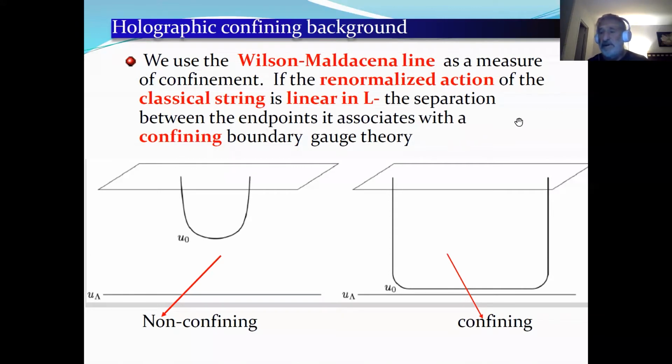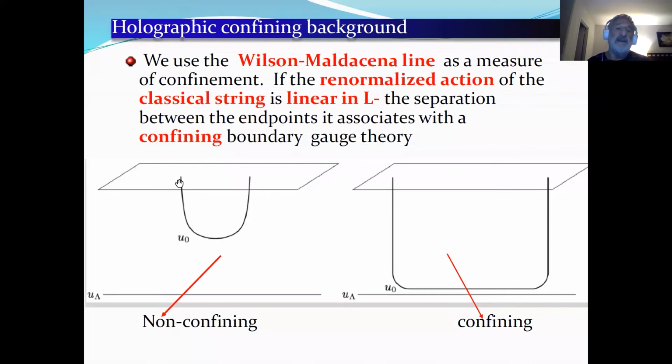So we have a stringy description of what corresponds in the boundary field theory to the Wilson line. Now, if the string, like in this picture, has a profile such that it flattens, and it depends linearly on the separation distance L between the two endpoints, then we say that it associates to a confining boundary field theory.